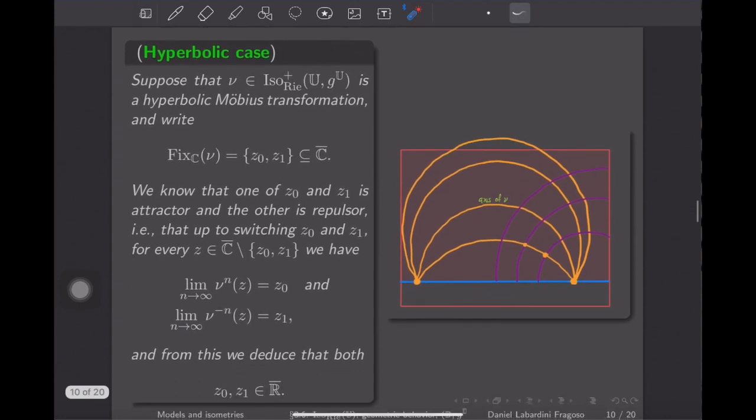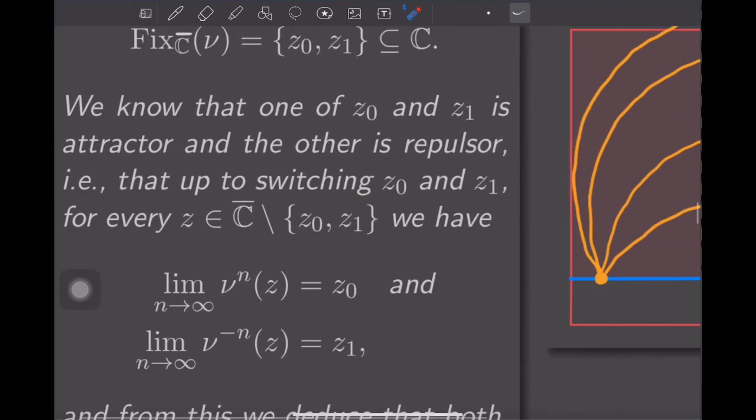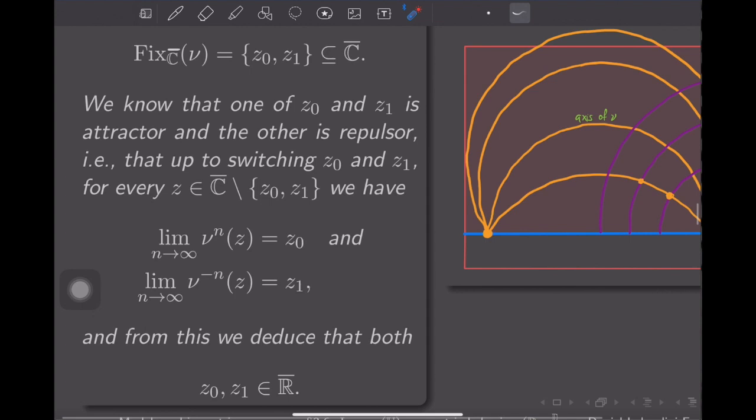Now the next case, the hyperbolic case. Of course, if you give me a Mobius transformation of C bar that preserves U bijectively and is a hyperbolic Mobius transformation, here again it has to be on C bar. Well, it has two fixed points in C bar. Now, one of the two points is attractor and the other one is repulsor.